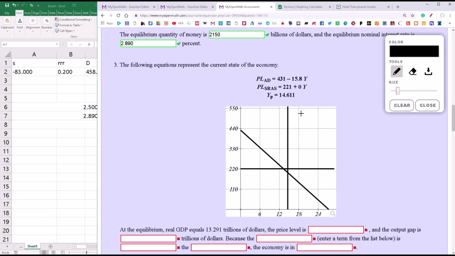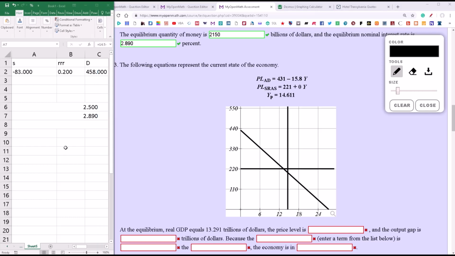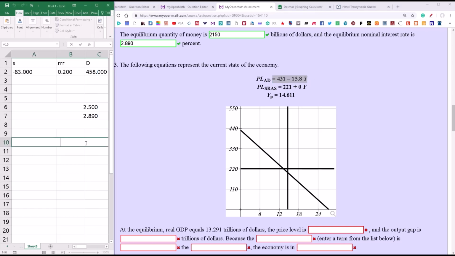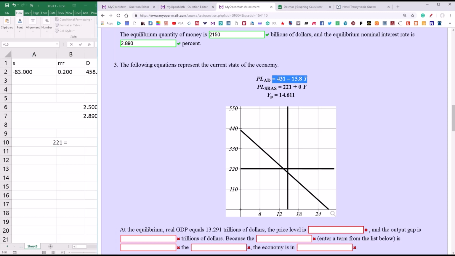So one way to find the equilibrium is to set short-run aggregate supply right here. That's just 221. Set that equal to that. So over here, 221 equal to this.